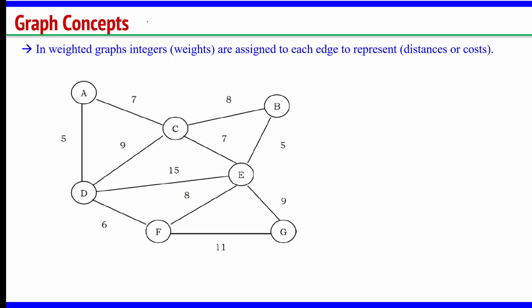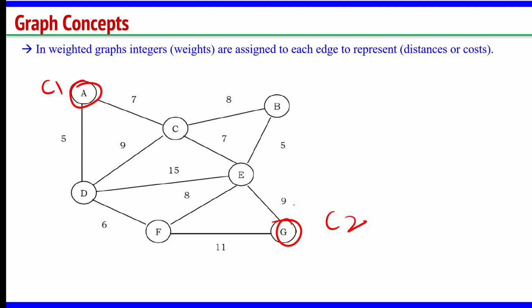Next, weighted graph. What is a weighted graph? Sometimes in a graph we may have some weight. This weight might represent the distance, it might represent the time, it might represent the money. So, assume you are at this place, you have to travel to this G. You are traveling from city 1 to city 2.